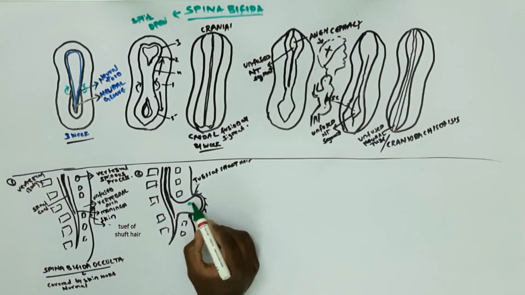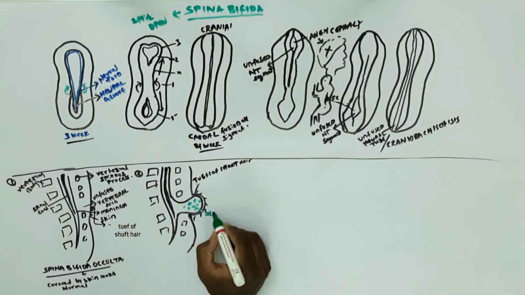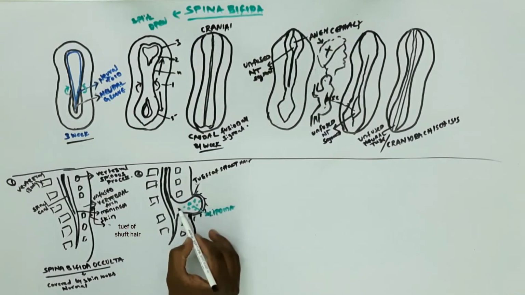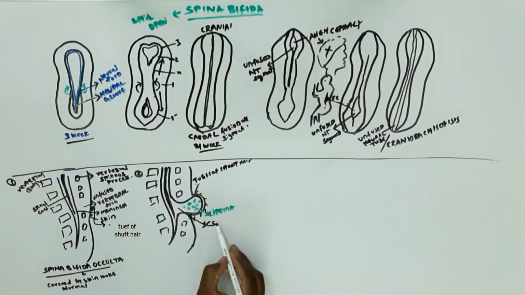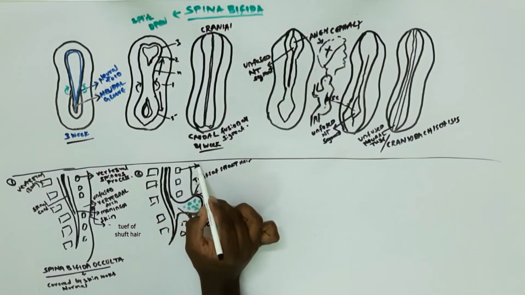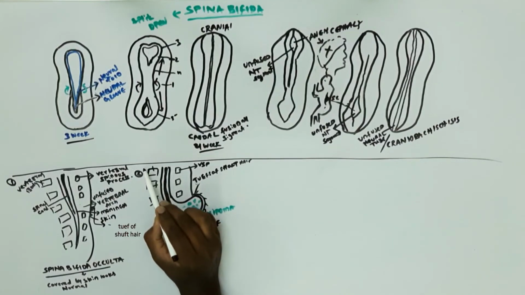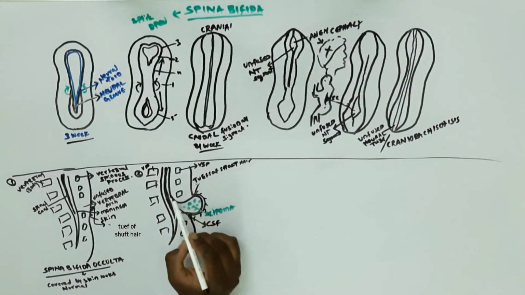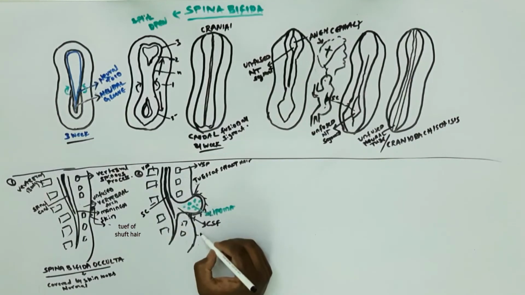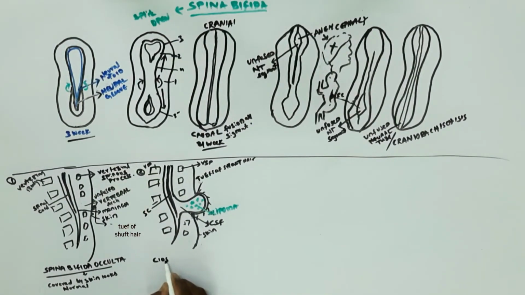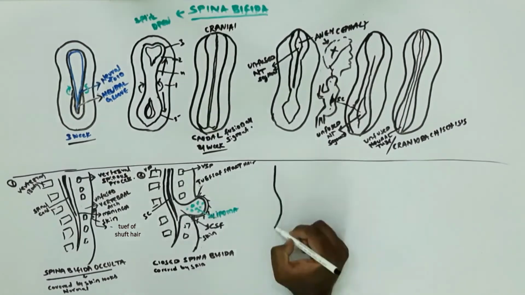Now we see the hairy skin covering it, a tuft of hair, and the fat called a lipoma. Next is the part containing CSF fluid. We also see the vertebral spinous processes and the vertebral body, and the spinal cord is inside and not protruded at this point. So it is called closed spina bifida, covered by the skin. That is about this type of spina bifida.